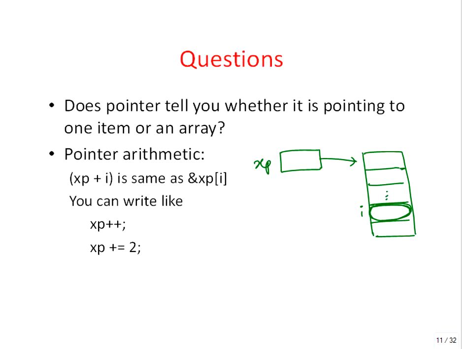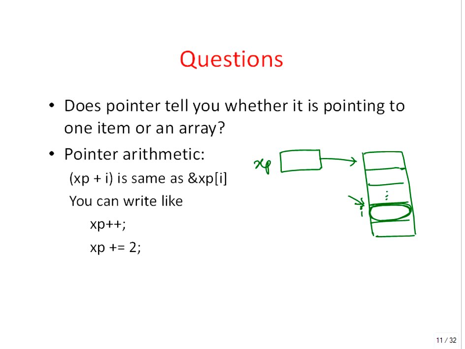Then when you say address of xp of i, that is this memory address location, right? The address of where the value xp of i appears.